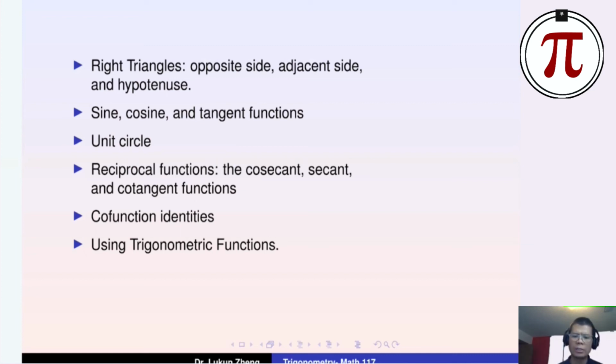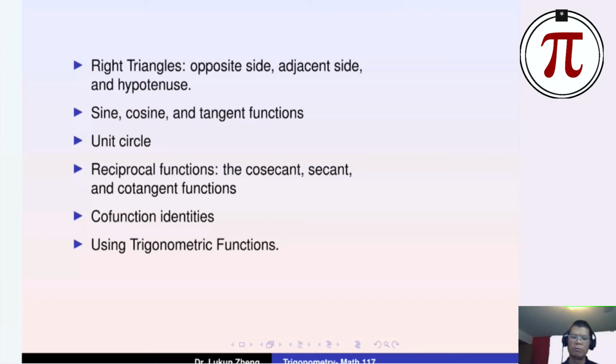Reciprocal functions: cosecant, secant, cotangent, right? So cosecant is 1 over what? 1 over sine. Secant is 1 over cosine, right? Cotangent is 1 over tangent. Reciprocal functions. Now, cofunction identities, right?